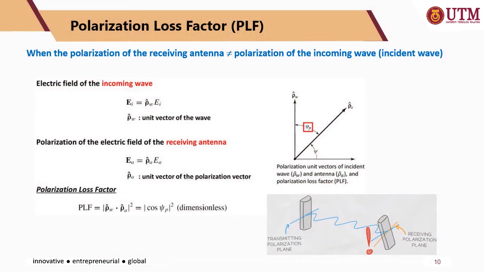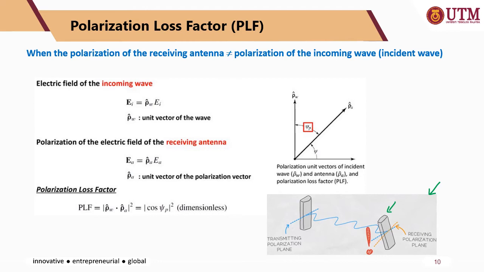Next is the polarization loss factor. We have seen this figure earlier. To achieve the best performance, the transmitting antenna should have the same polarization as the receiving antenna. However, when the receiving antenna is angled or not in the same polarization as the transmitting antenna, a mismatch happens.